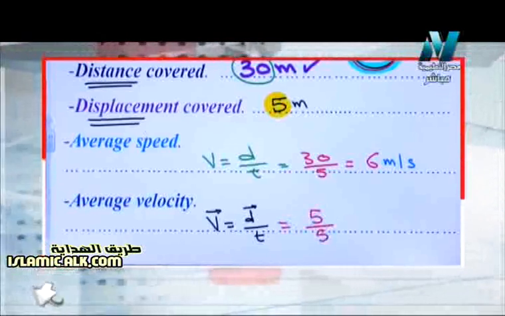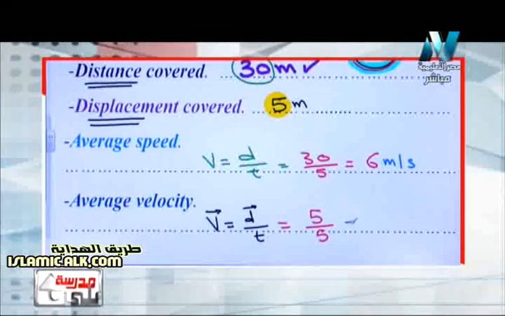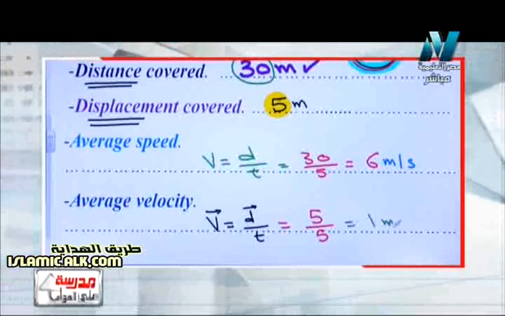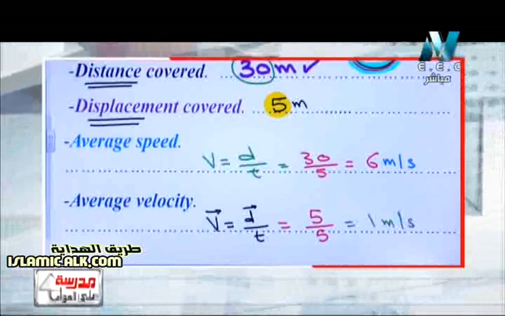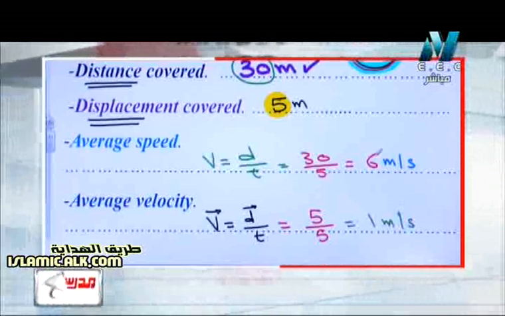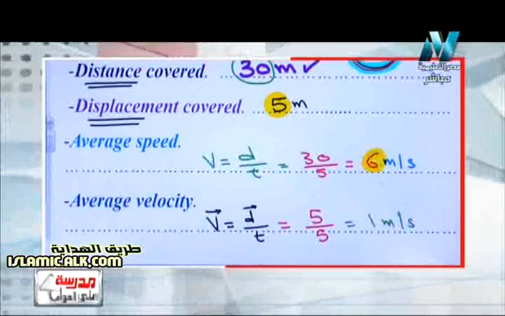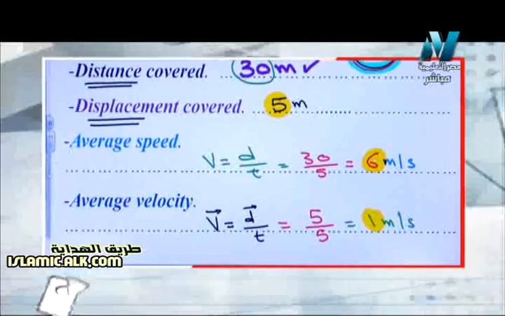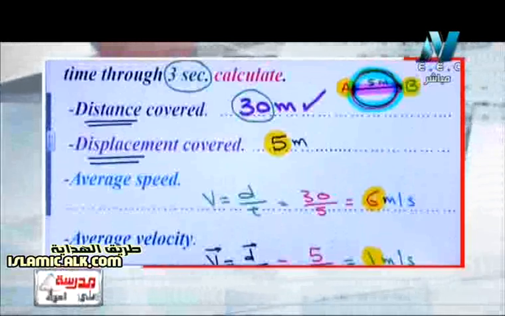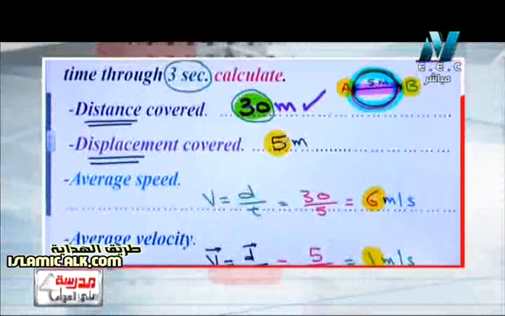Time is constant here, so it equals 1 meter per second. So we have, as you see, my dear students, a great difference between speed and velocity, and another great difference between distance and displacement.